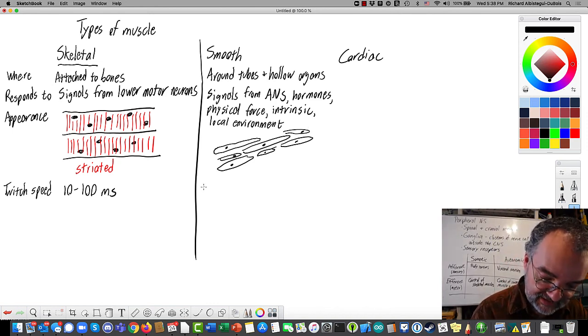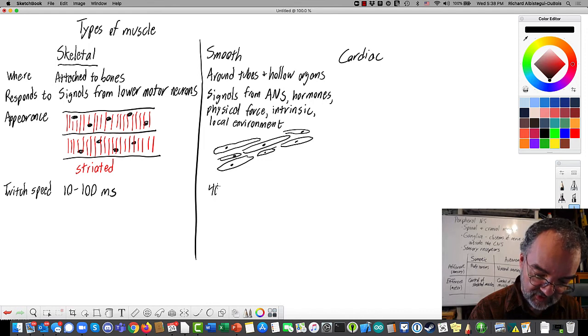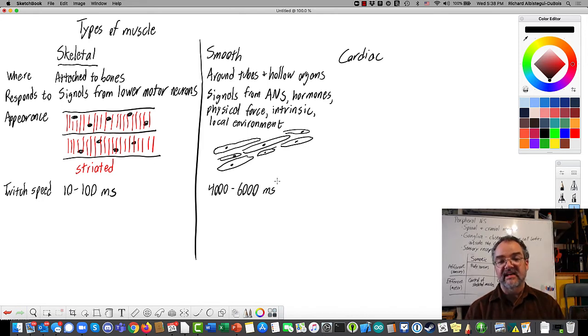In terms of how fast they twitch, these are slow, generally in the range of 4,000 to 6,000 milliseconds. In other words, it takes these cells some number of seconds, 4 to 6 seconds, to complete a twitch generally. Contract and relax, rather than skeletal muscle, which is contract and relax like that.